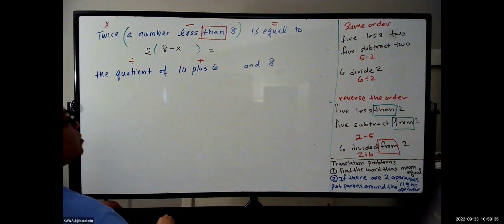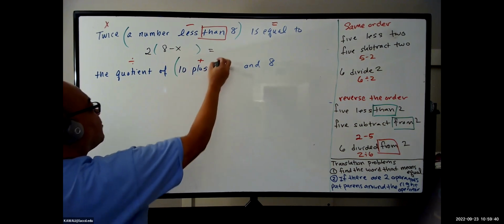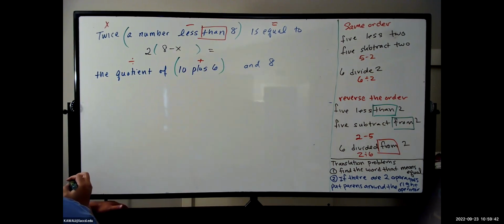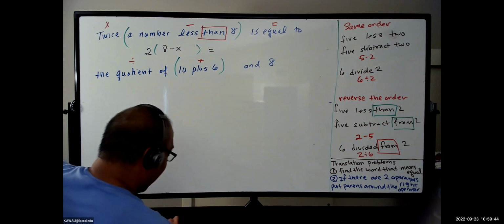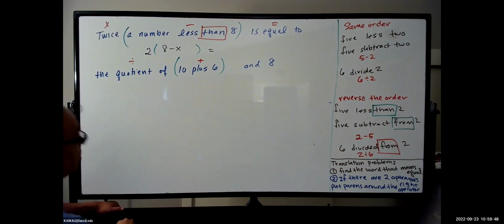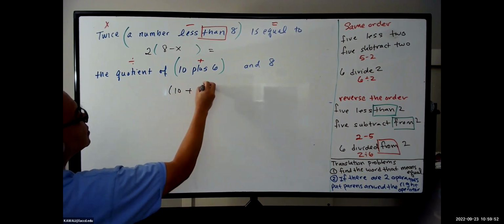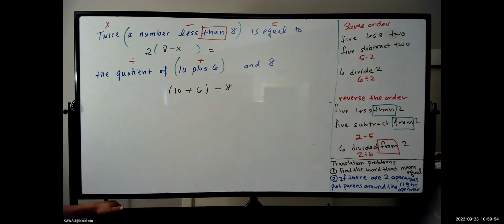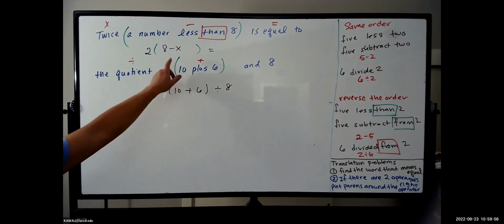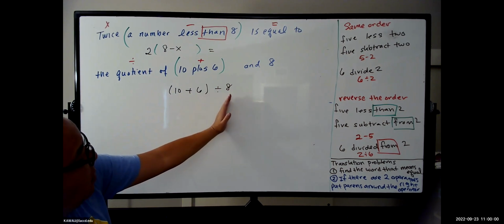So the only key is where my parentheses go. This is the rightmost one. So we have 10 plus 6 divided by 8. Do you see how that is? Because there's no word from or than, 10, 6, 8 keep their same order.